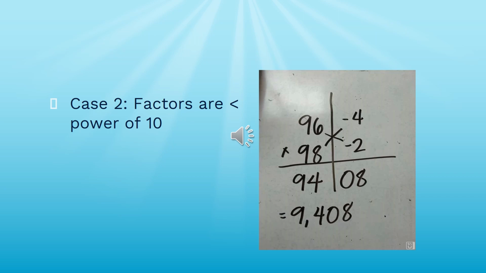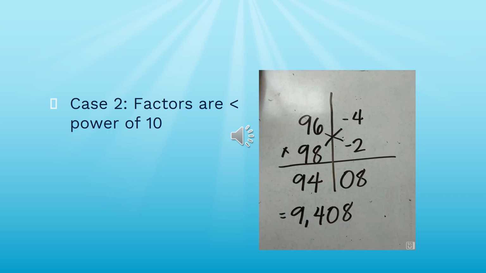It's 96 times 98. 96 is 4 less than 100. 98 is 2 less than 100. Now, since this is less than, I use the negative sign. So 96 is negative 4 away from 100 and 98 is negative 2 away from 100.